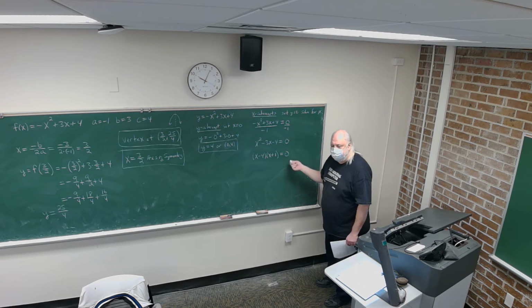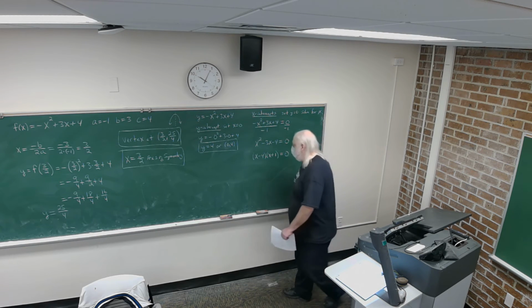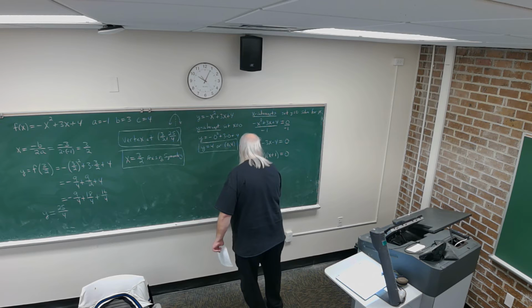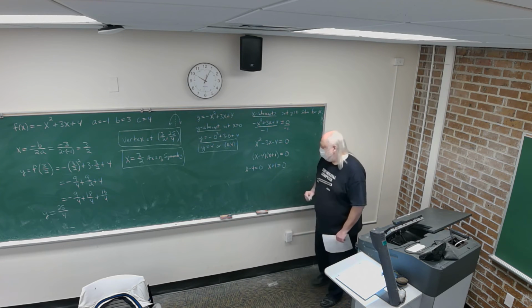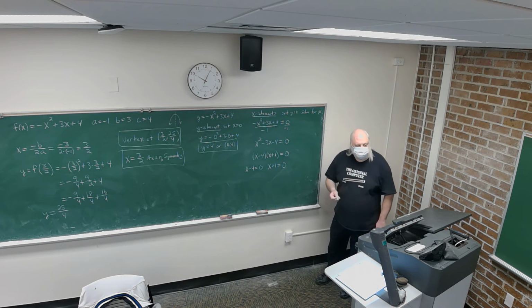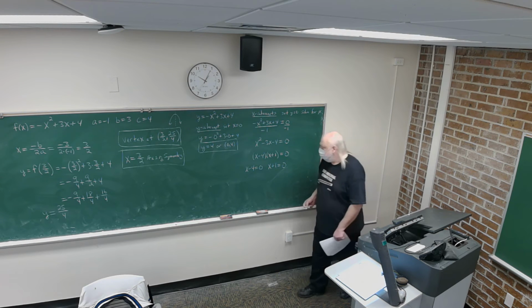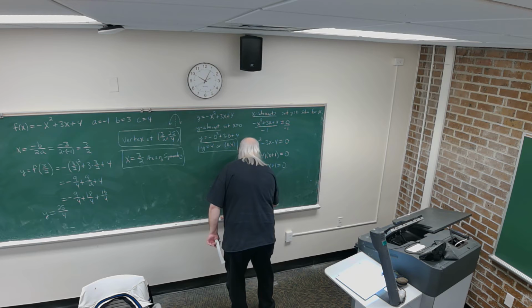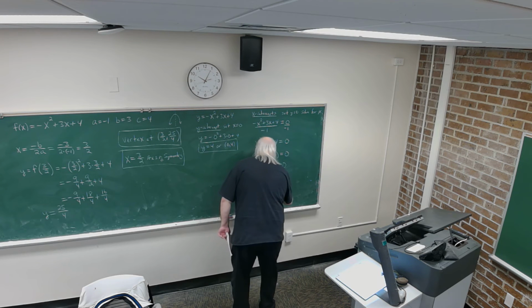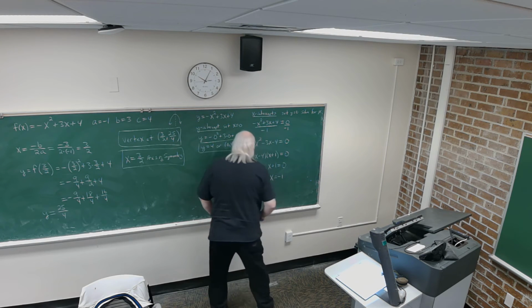So we have a product of two factors equal to 0. So either the first factor is equal to 0, or the second factor is equal to 0. When I solve for x, I get the two x-intercepts. X equals 4 is the first one. X equals -1 is the second one.